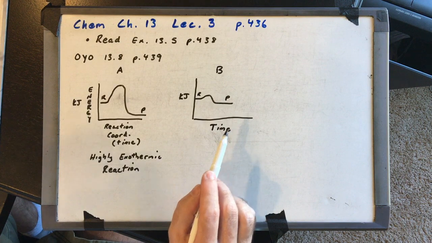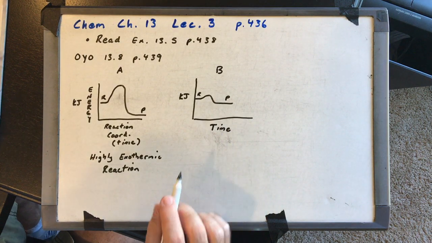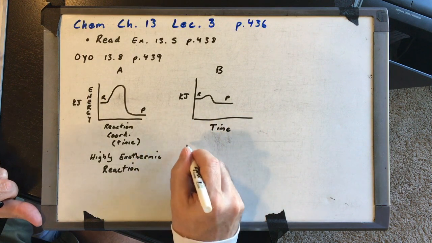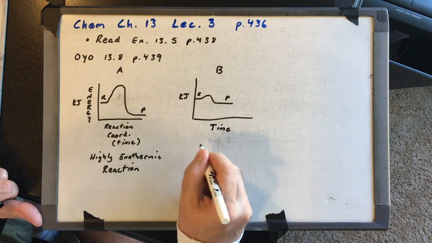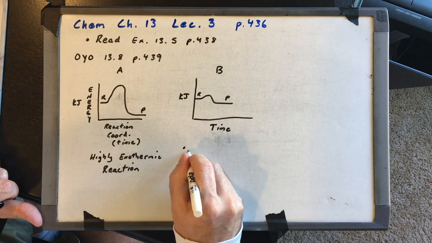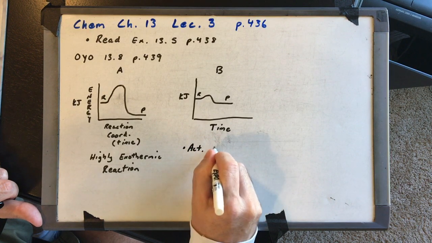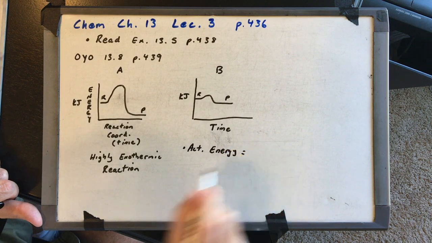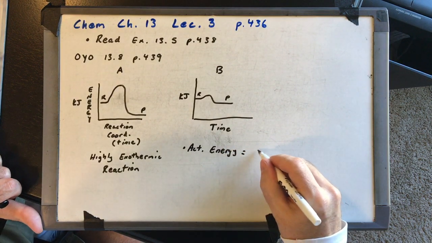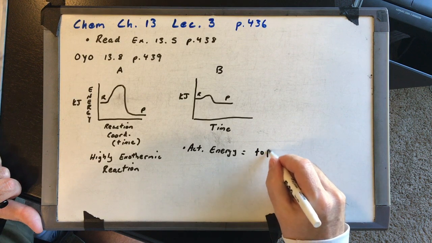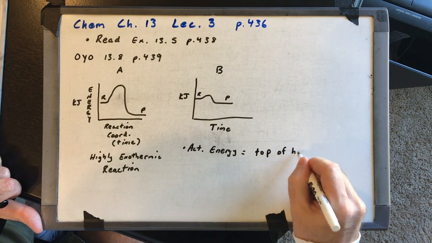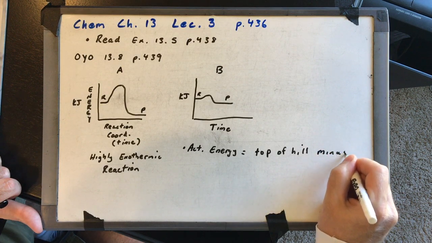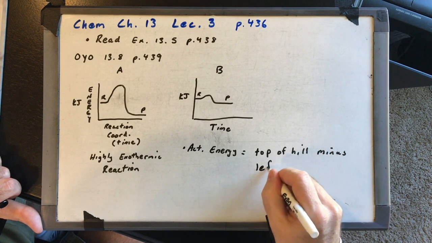Okay, so write this in your notes in a spot. If you need to calculate the activation energy by looking at an energy diagram, the way that you can get that is you just take the energy at the top of the hill minus the left side.